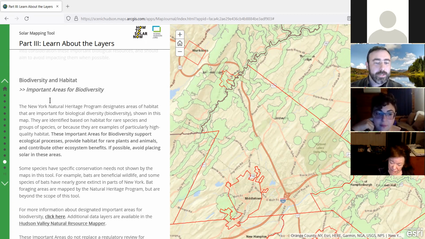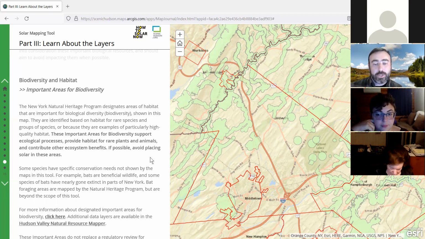And so what we're seeing here is important areas for biodiversity. And this is actually a conglomeration of different types of important areas for either individual rare, threatened, or endangered species, or else important habitats. This data layer is put together by the New York Natural Heritage Program, which studies biodiversity in the state.